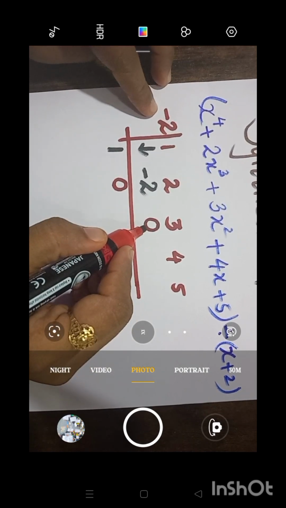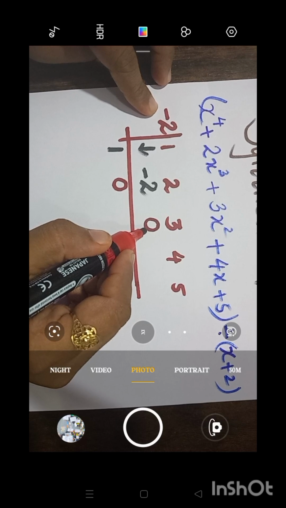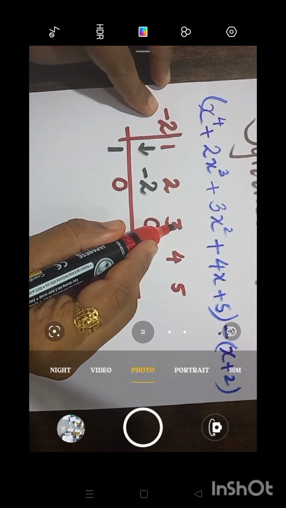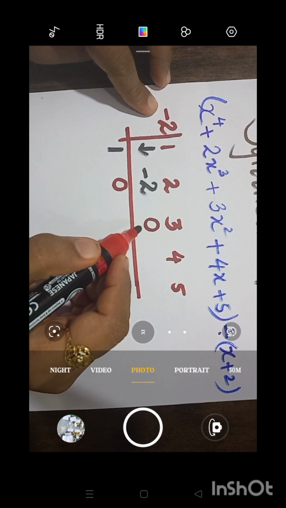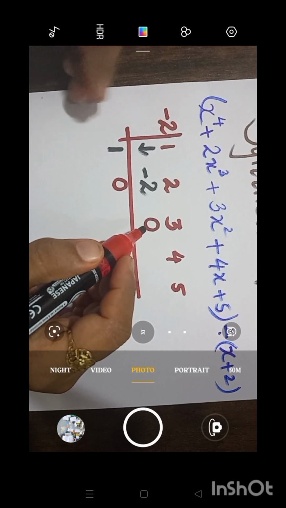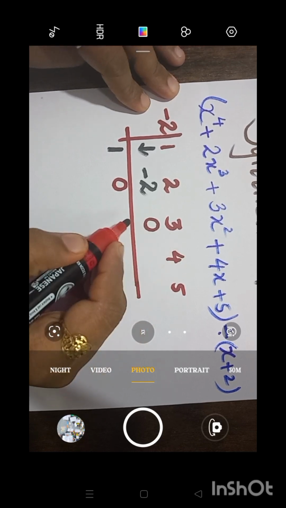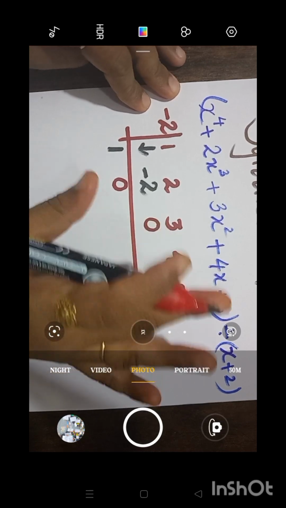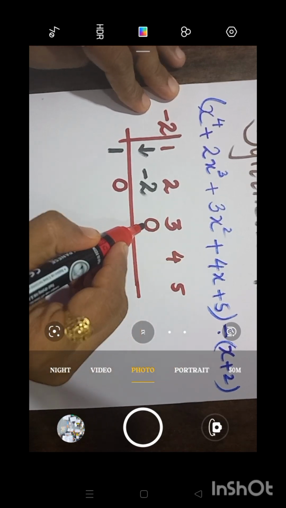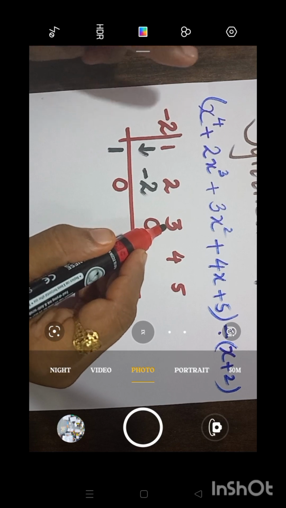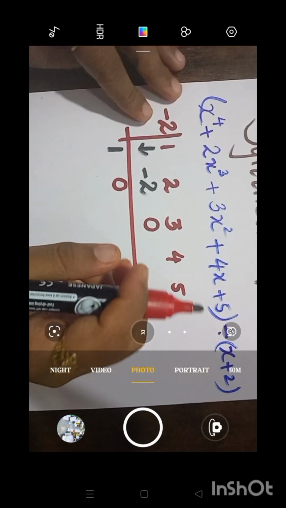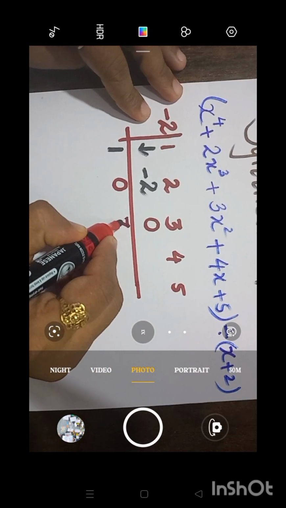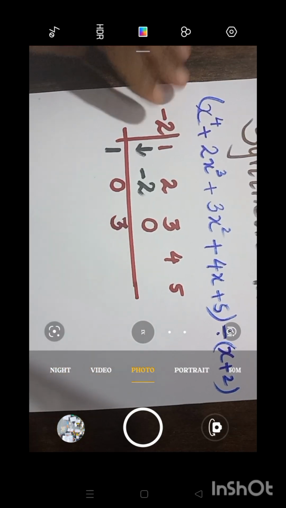Now 0 added to or subtracted from any number gives that number only. If you add 0 to 3, you get 3. If you subtract 0 from 3, you get 3 only. So here you have only 3.